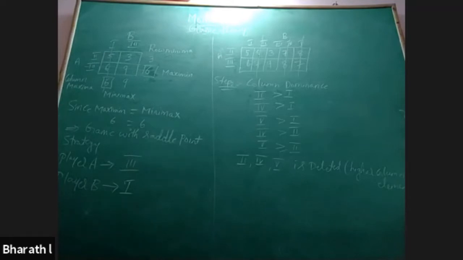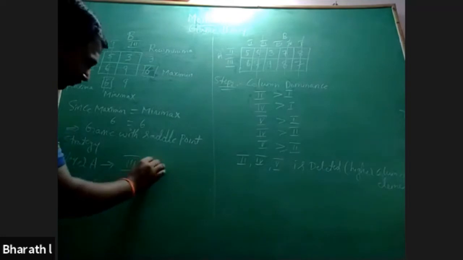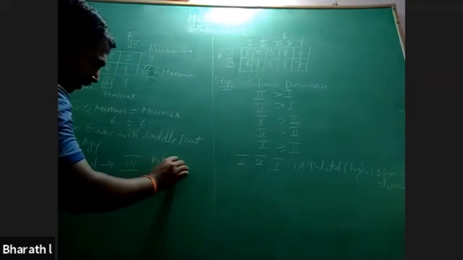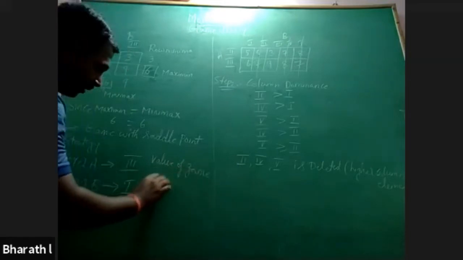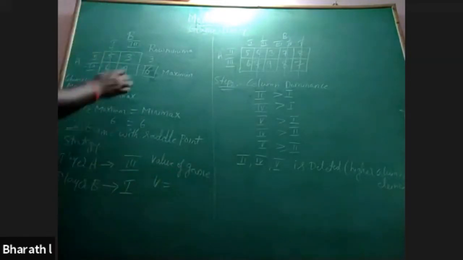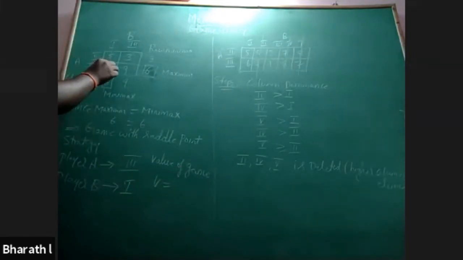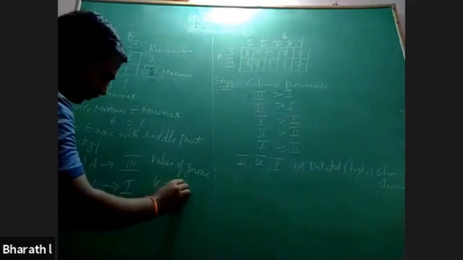The strategy is 1. Then you need to write the value of the game. Value of game equals the intersection of these two elements, that is element 6. That is the value of the game.